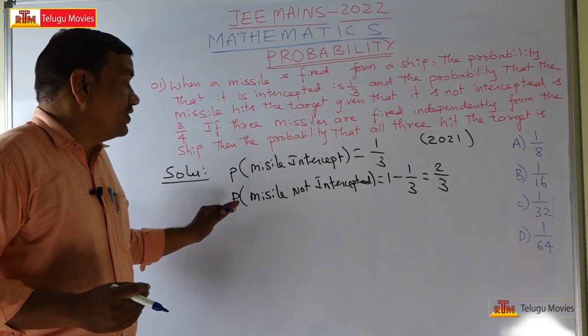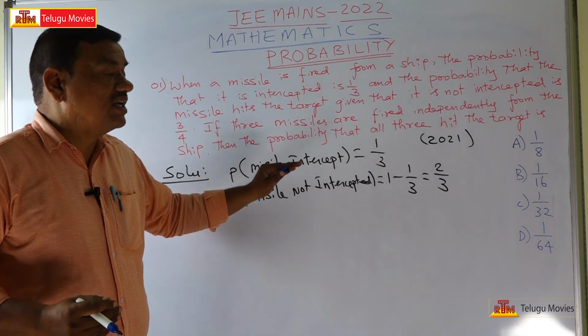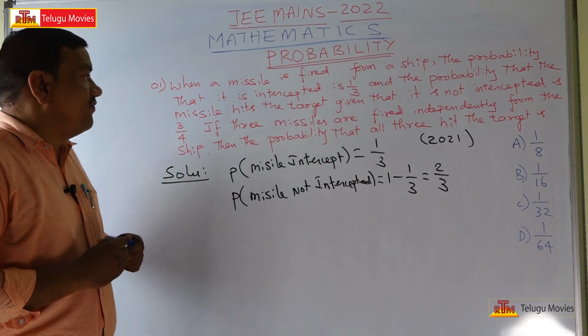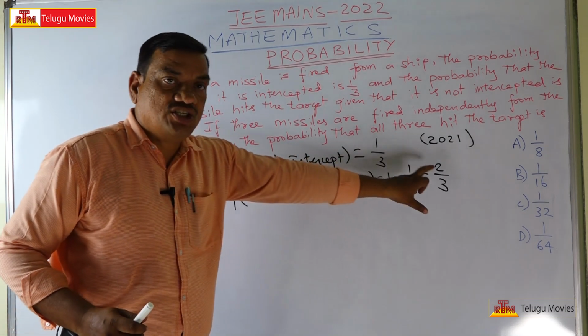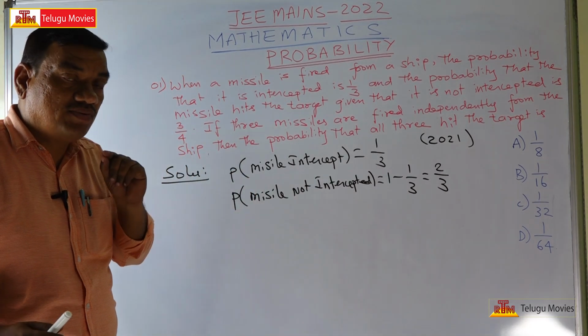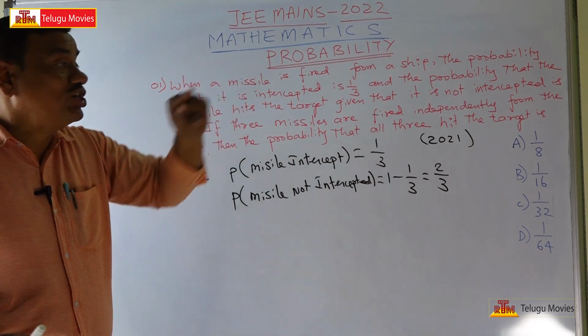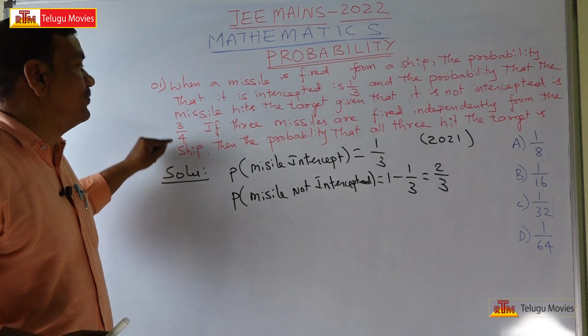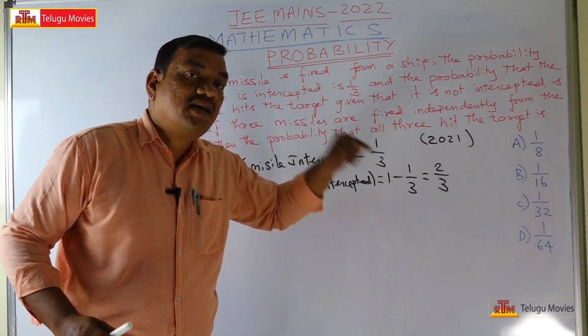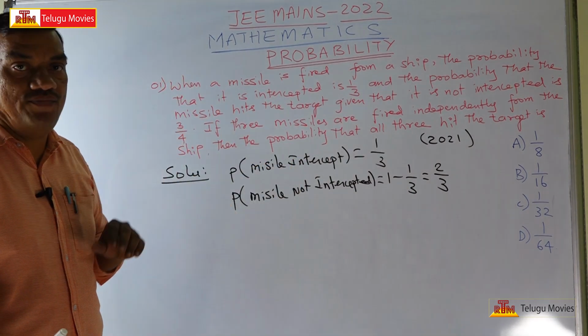The probability of the missile not being intercepted, that means success, is 2/3. Then when it is not intercepted, the probability that the missile hits the target is 3/4.